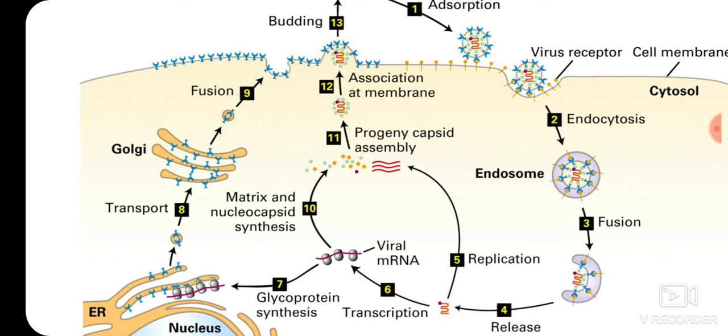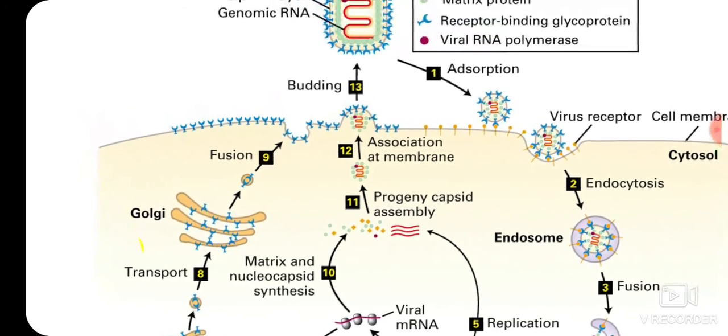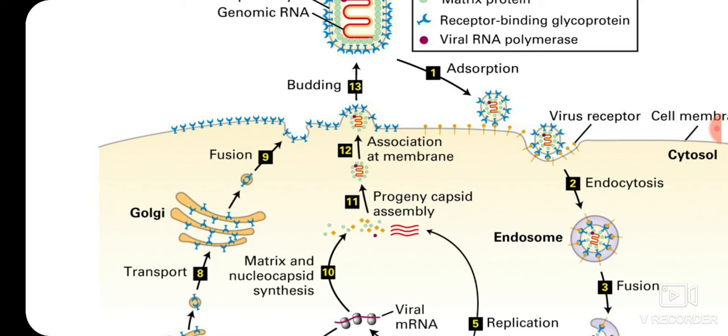The secretion here is not exactly secretion, it happens through a kind of budding, where the proteins of the membrane get studded into the membrane through the vesicles, and then the portion of the membrane where the viral envelope proteins get studded.